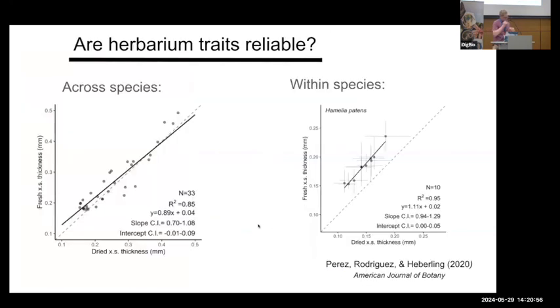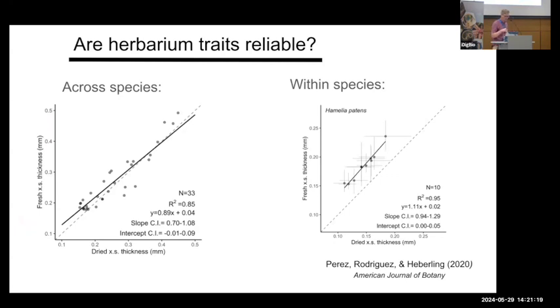And so each of those given points was a different species. And so here's just the leaf thickness. Each point is a species. This is the figure that was in the middle in the last slide. So we have this pretty tight 1-to-1 relationship for leaf thickness across species. But then with herbaria it's really cool because we have a lot of replication, right?